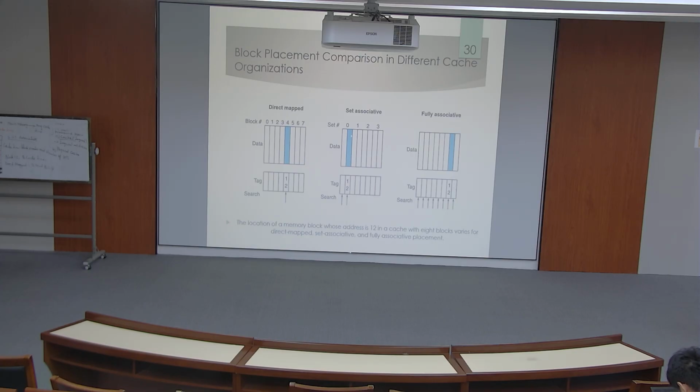For two-way associative, here we have 4 sets, so we need to do 12 mod 4.